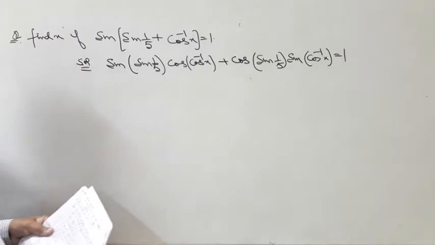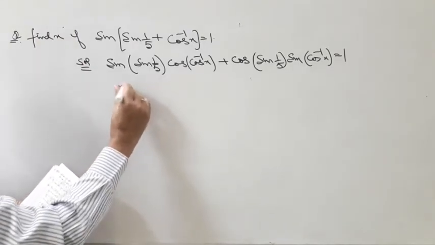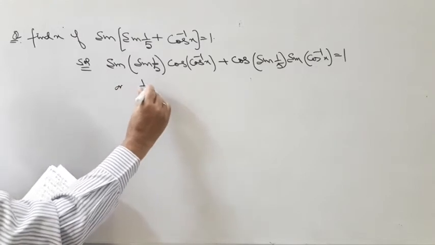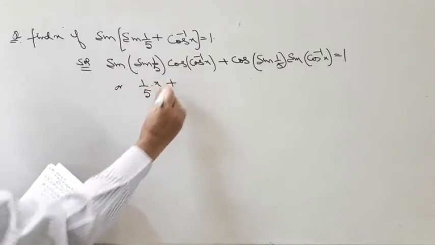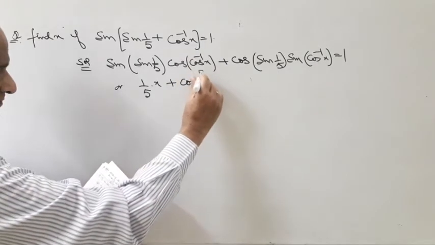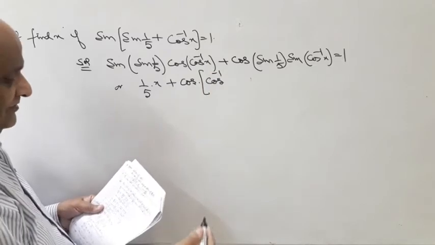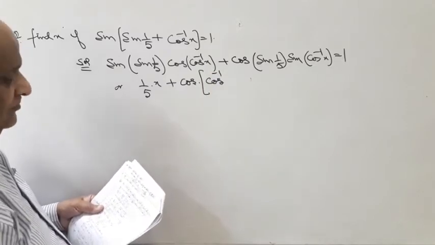Check out. So it will be just 1 upon 5 into x plus cos of sine inverse of this, cos of this.